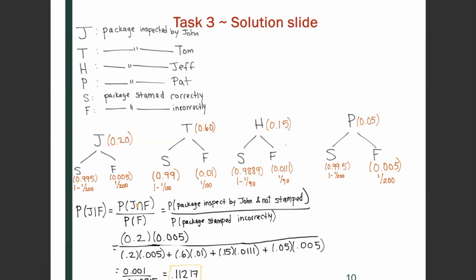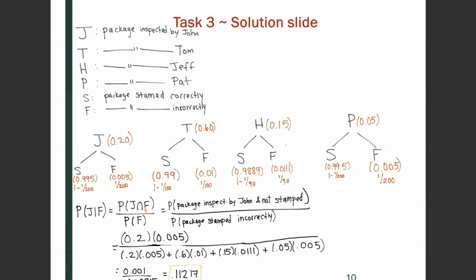So that equals the probability of J intersect F divided by the probability of F. So in other words, the probability that the package was inspected by John and not stamped correctly, divided by the probability that the package was stamped incorrectly or not stamped correctly.